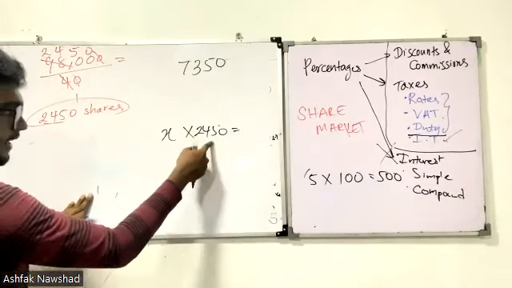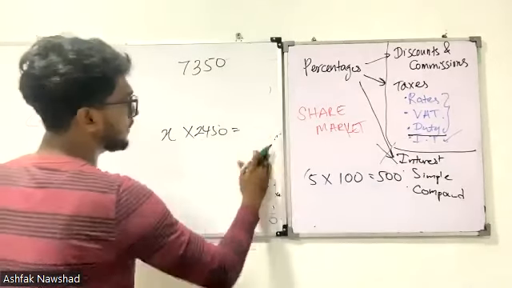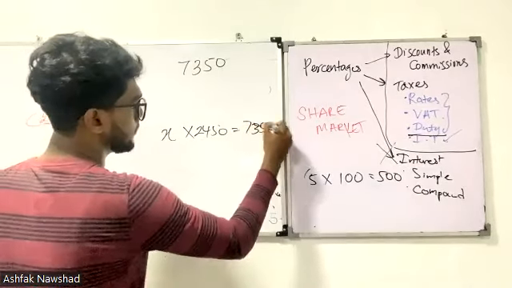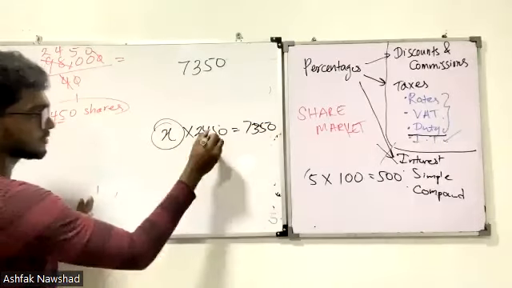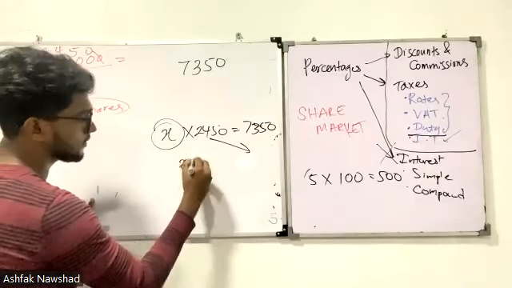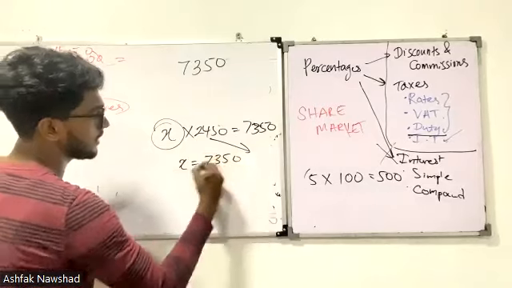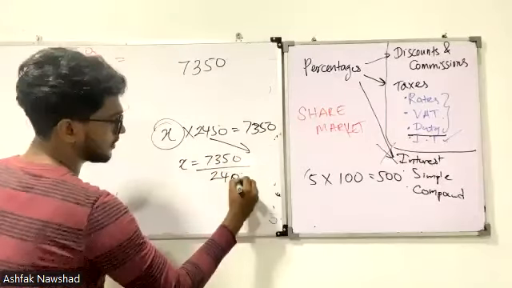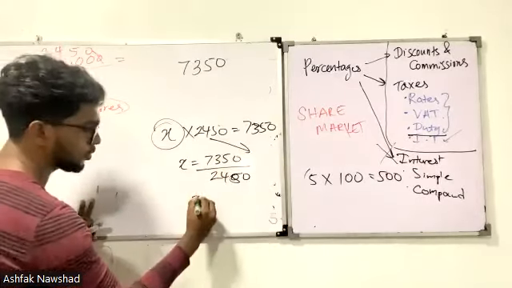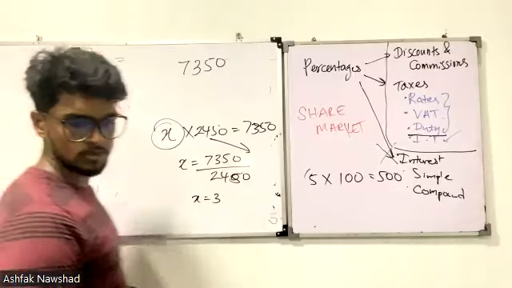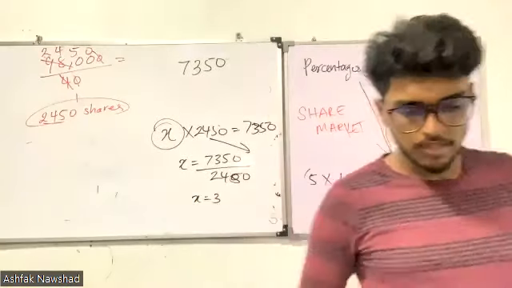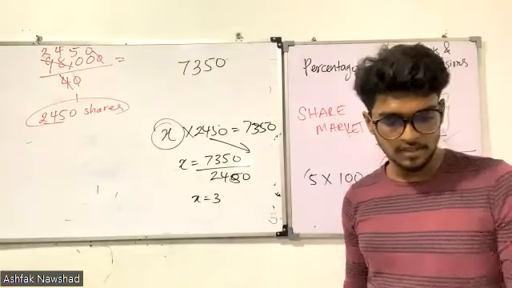Dividend per share multiplied by the number of shares gives the total dividend income. So they are asking for this, and we'll have to solve for it. X would be 7,350 divided by 2,450. If you simplify this, you get the answer as 3. So the dividend would be 3 rupees per share. Is it clear?